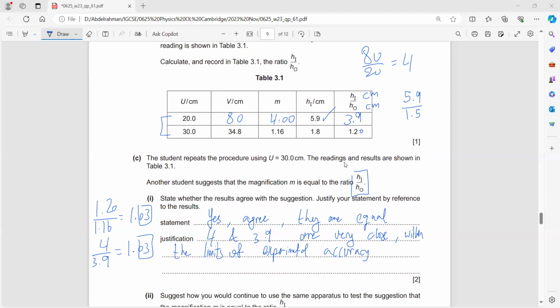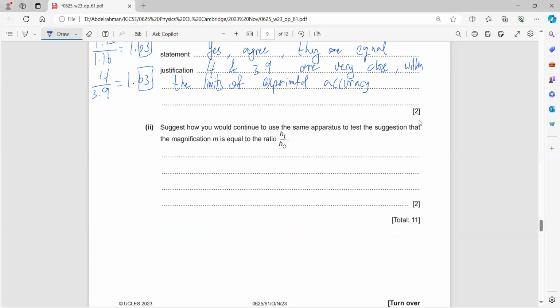Let's write it down: repeat the experiment. The whole thing is that this experiment is not enough. Doing 2 tests is never enough. So how should I make sure that my suggestion is correct? I have to repeat the experiment using more values.